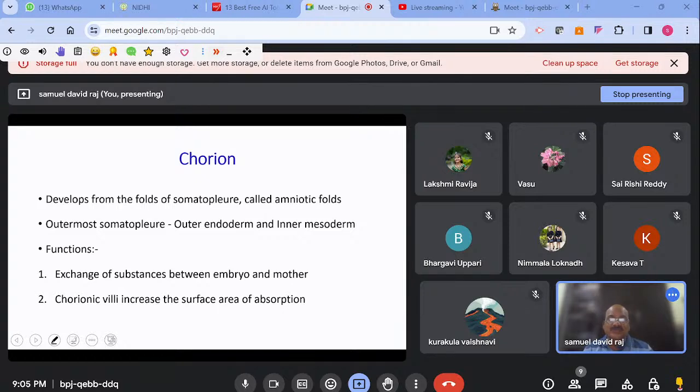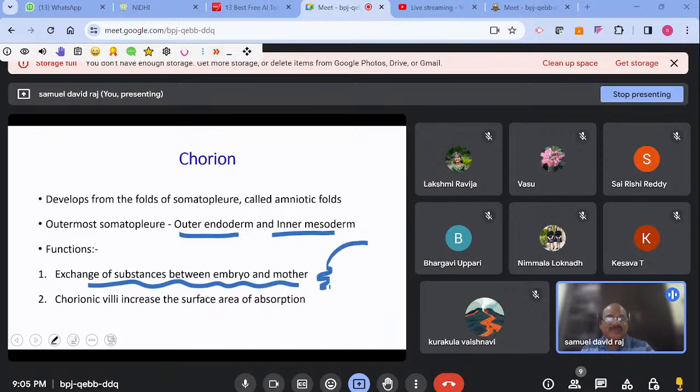And coming to the chorion, it is developed from the outermost somatopleure, outer ectoderm and inner mesoderm, and its functions are mainly exchange of substances between embryo and mother because it forms a chorionic placenta. And also, this is the chorion.